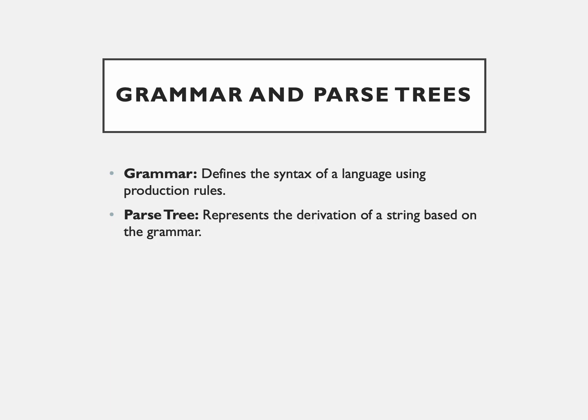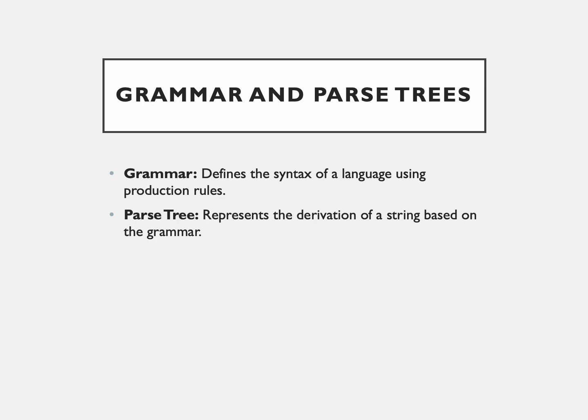Now, parse tree. A parse tree is a visual representation of the derivation of a string based on the grammar. It shows how the rules are applied to form valid expressions. For example, in the expression a plus b, the parse tree will have a root node for the operator plus, and two child nodes for the identifiers a and b.